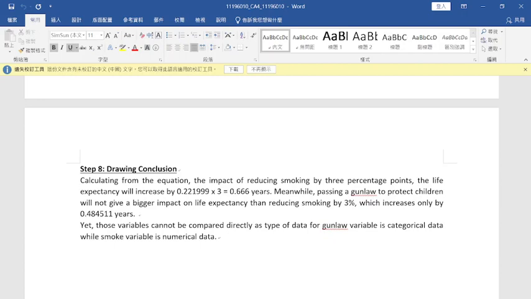Meanwhile, passing a gun law to protect children will not give a bigger impact on life expectancy than reducing smoking by 3%, which increases only by 0.484511 years. Yet those variables cannot be compared directly because of the type of data. The gun law variable is categorical data, while the smoke variable is numerical data. Okay, thank you very much.